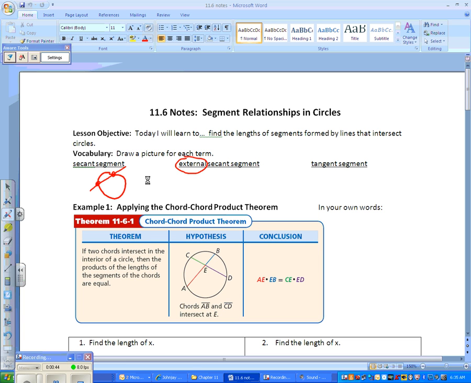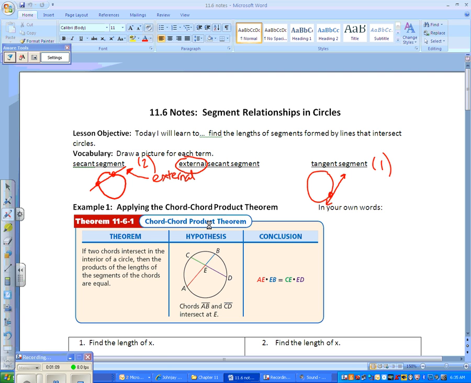So this part, the part outside the circle, would be an example of an external secant segment. And then a tangent segment. Tangent is also a line or a line segment, and it hits the circle only one time. So it's important that you remember that secant hits it twice, and tangent only hits the circle one time.